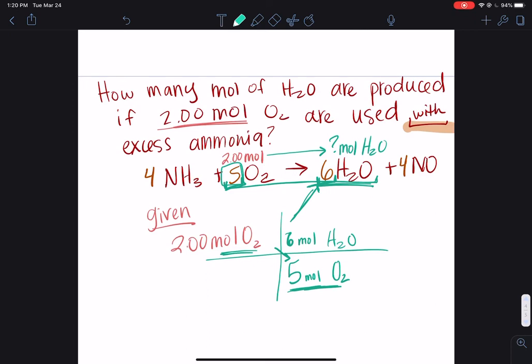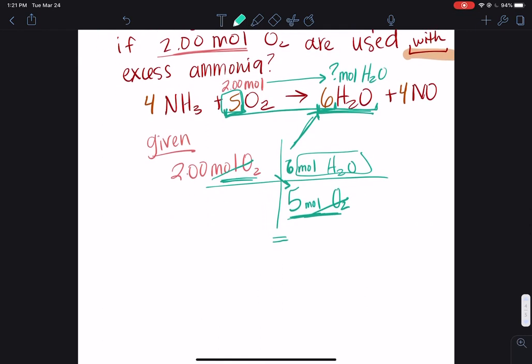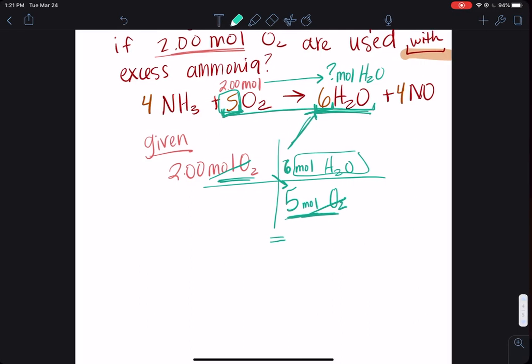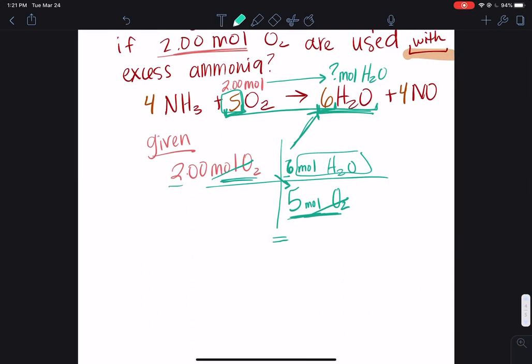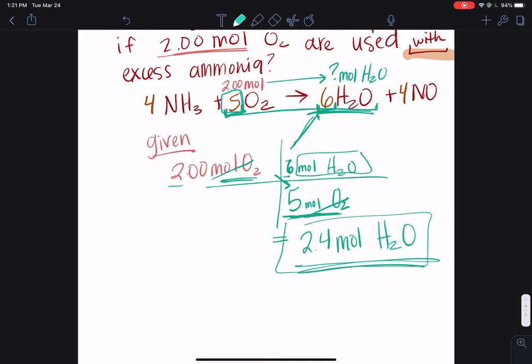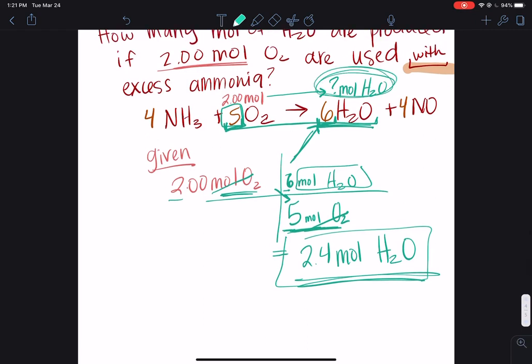Now that cancels out moles of oxygen and you are left with moles of water. So you solve: 2 times 6 is 12, divided by 5 gives me 2.4 moles of water. And that is your answer because that is what you were searching for.